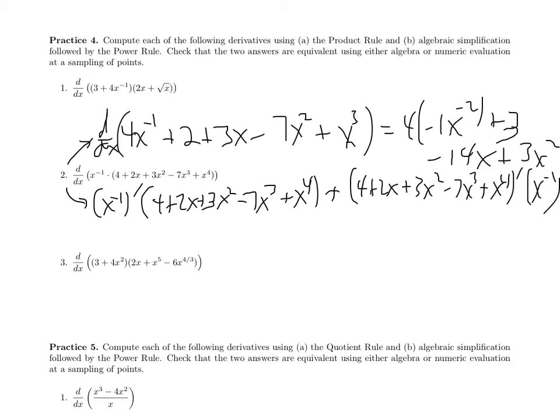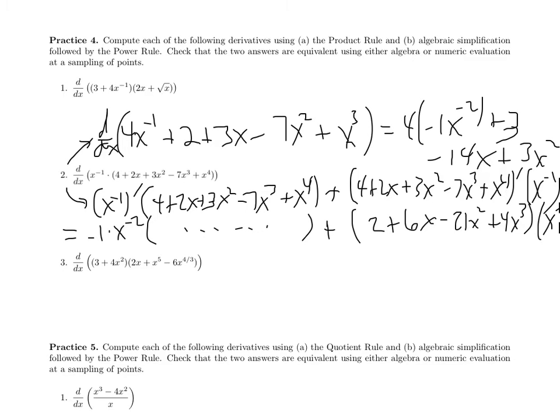So I need to compute the derivative of each of the two expressions times the other expression. And so the derivative of this piece is negative 1 x to the minus 2 times all of that stuff, won't try to rewrite it here. And then add to that the derivative of this guy, which is 0 plus 2 plus 6x minus 21x squared plus 4x cubed times x to the minus 1.